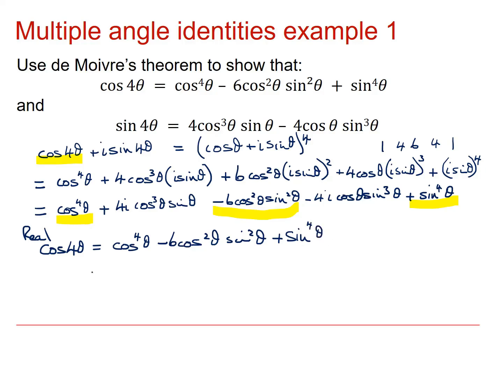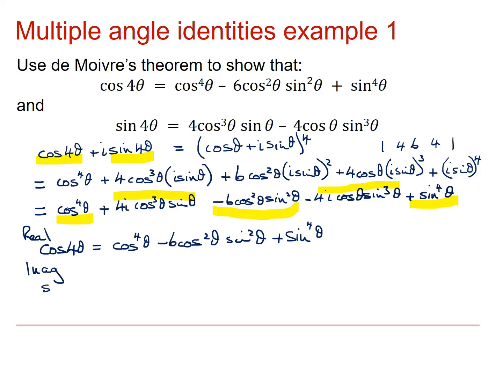And for the imaginary parts, the coefficient of i on this side is just sine 4 theta, and the ones that involve i are here and here.